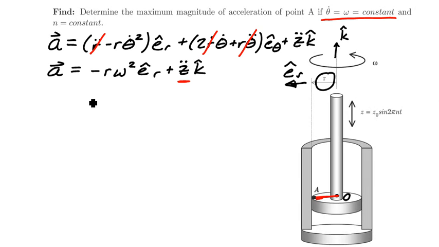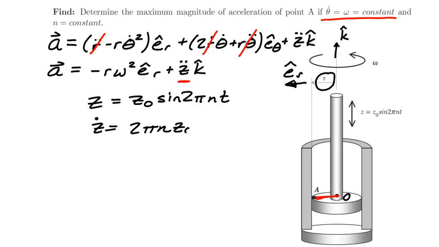So we note in the problem statement that we're given z is equal to some z naught times the sine of 2 pi times n times t. In this case, we know that n is a constant. So if I want to find the first time derivative of that, I'm going to have that z dot is going to equal 2 times pi times n times z naught times the cosine of 2 pi nt.